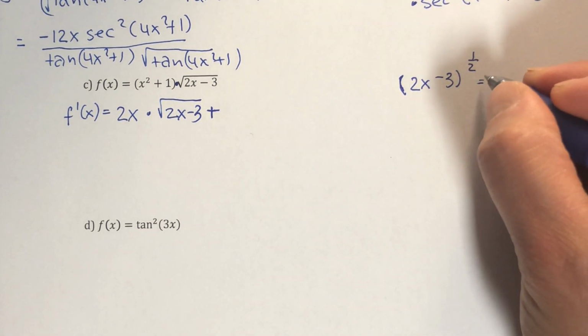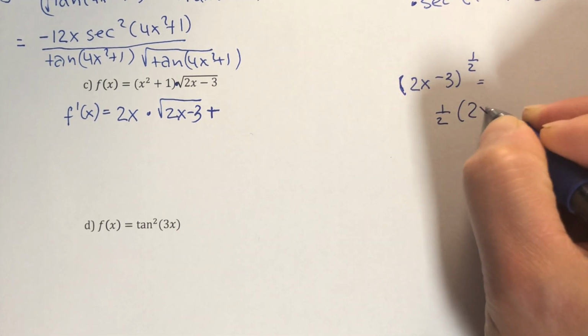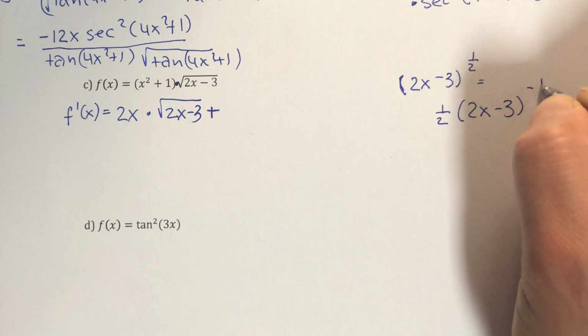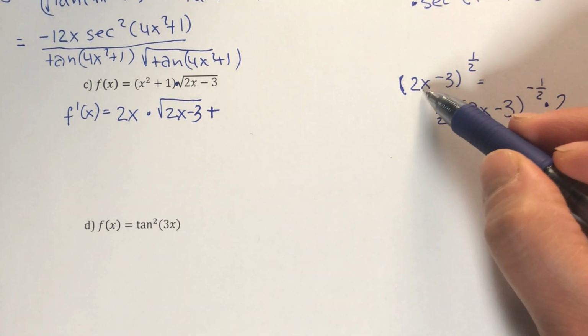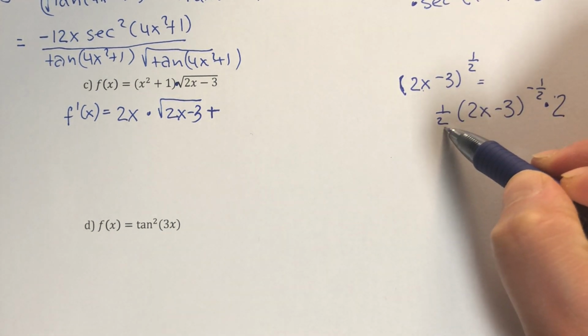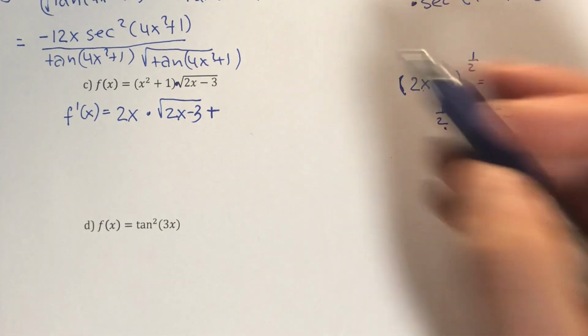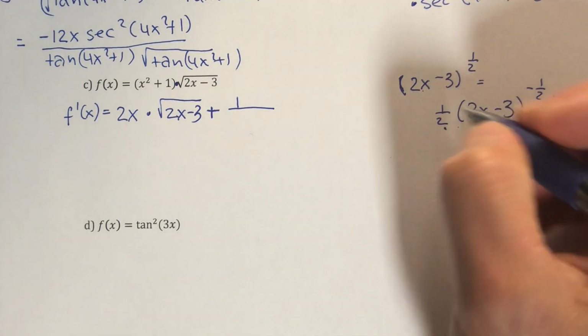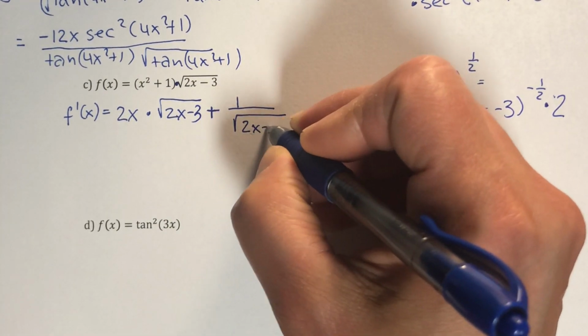To find the derivative, we will bring 1/2 2x minus 3 to the -1/2. And then we will multiply it by 2 because we want the derivative of the inside. So 2 and 2 will cancel out. So it looks like the derivative of this is going to be 1 over square root of 2x minus 3.